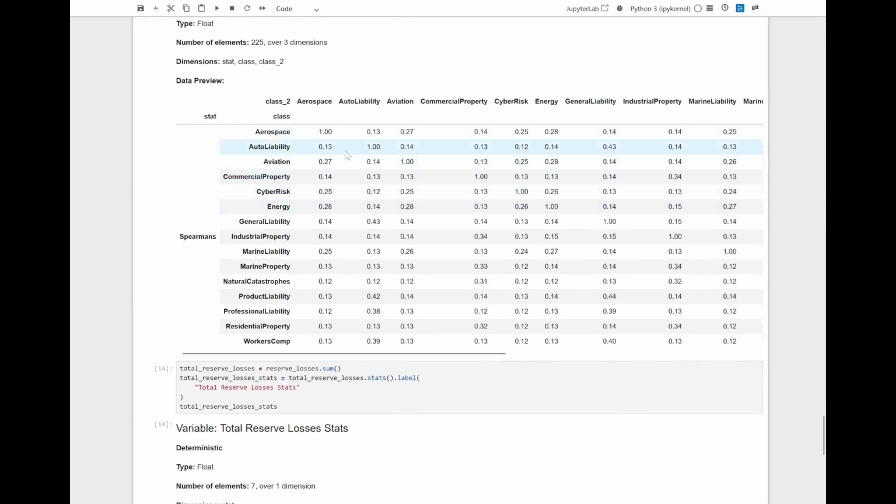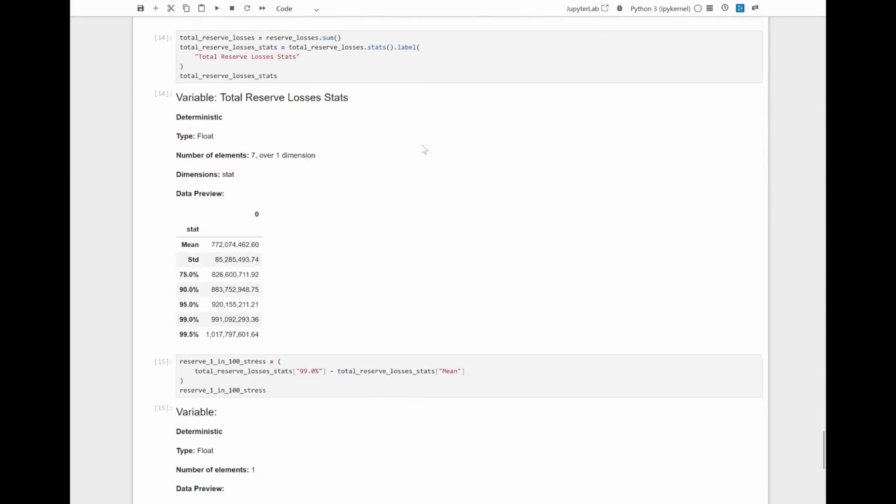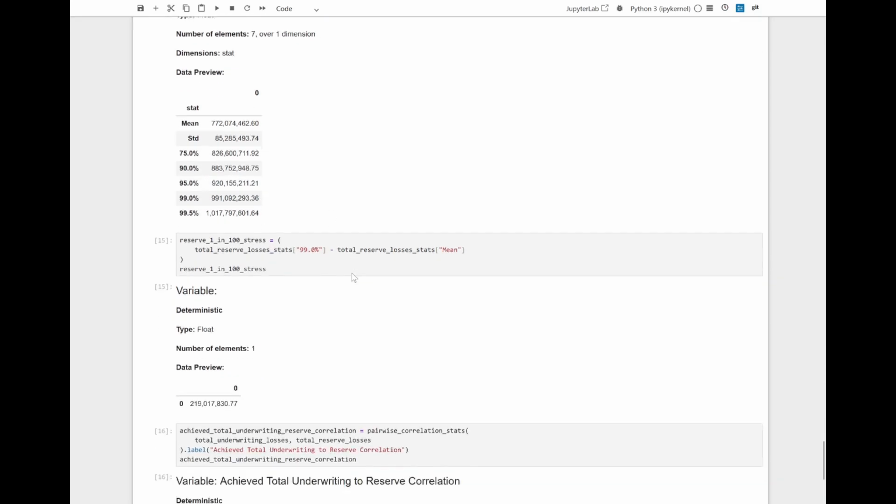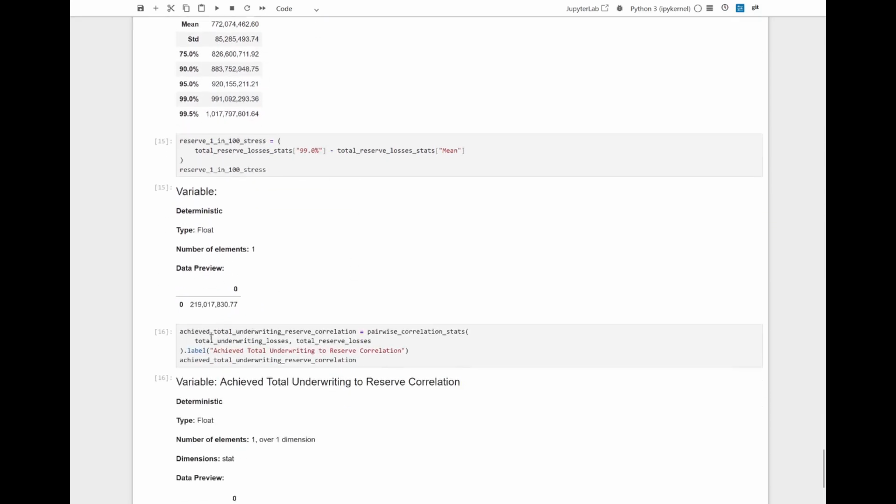So again, reserve risk has inherited a similar strength of correlation between the classes, and we can look at the reserve risk stats going from around 770 odd million up to 1 in 200 of about 990. And so this is a useful metric for us to have a look at at this stage, because we'll be coming back to this in some of our scenario tests. We've got a 1 in 100 stress for reserve risk of around 220 million.